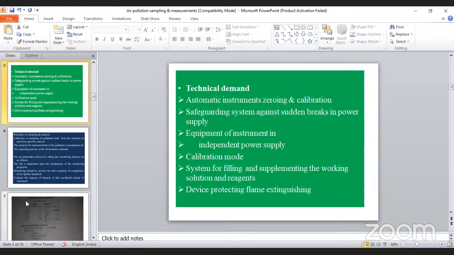Then what are the technical demands needed for this? Air sampling is supposed to be carried out either from morning to evening, or sometimes for 24 hours. The technical demands depend upon the following aspects: automatic instrumentation, zeroing and calibration.